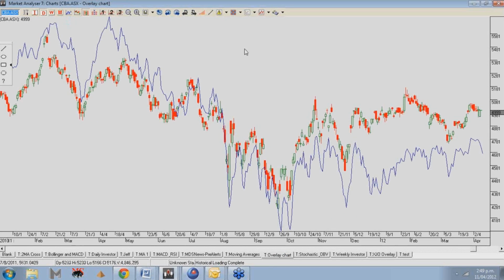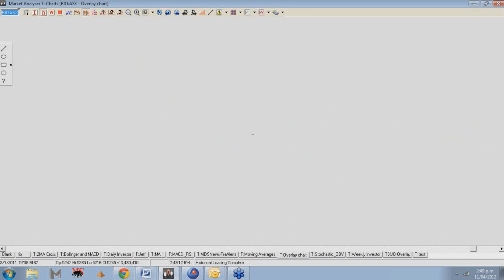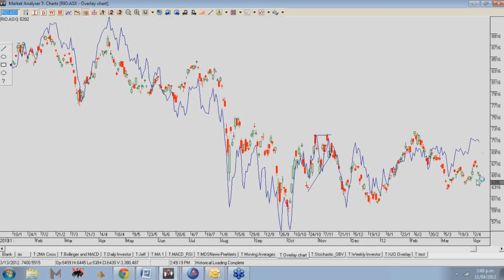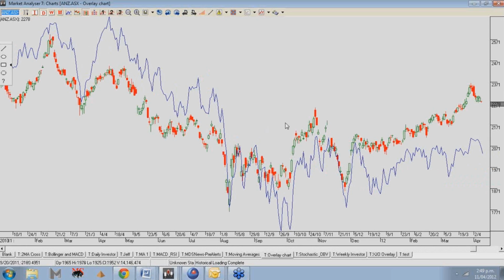So we can have a look at CBA and see that CBA has been moving in line with the market, whereas BHP certainly wasn't. We look at Rio. Rio's been underperforming the market through here. Not as badly as BHP. ANZ, slight underperformance, but slightly outperforming the market itself.